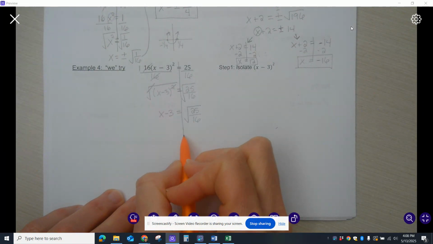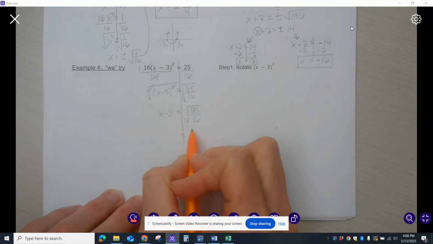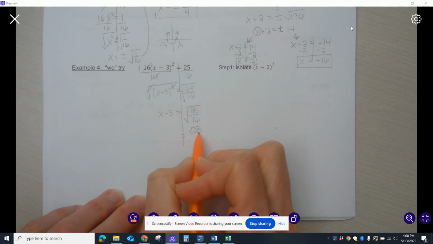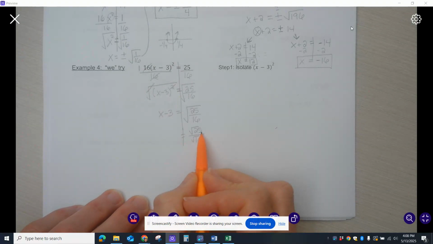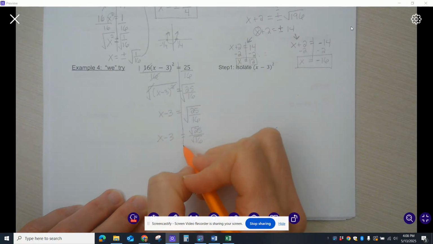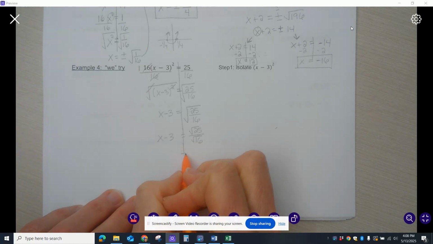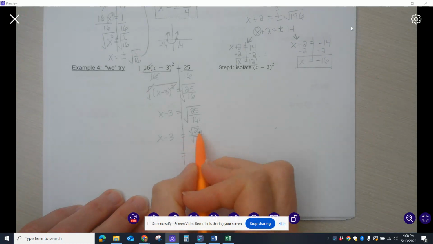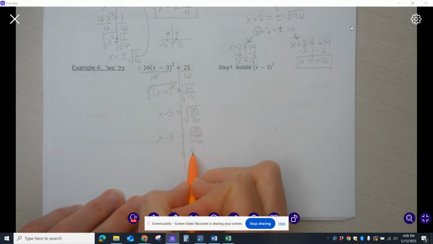Okay, I'm thinking I want to simplify this because I know when I have a fraction, I give them both their own jails. So this is the same as square root of 25 divided by square root of 16, and then over here I have x minus 3. If you put these in your calculator, or if you have your perfect squares memorized, you know the square root of 25 is 5, and the square root of 16 is 4.